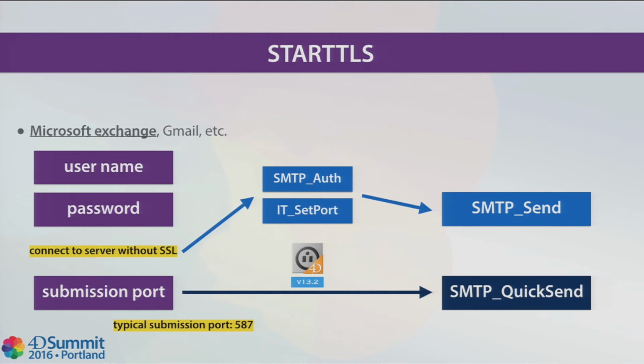Then the server says, oh, in that case, perhaps we should go to a closed room and then have the conversation privately. Switch over to SSL. And that's how it works. This type of SSL was supported in 4D since the addition for this was added in v13.2 for both the send and QuickSend commands, so you can use either.